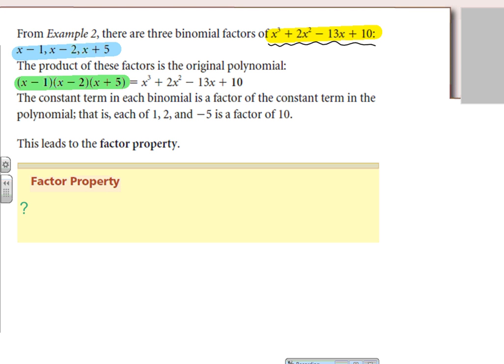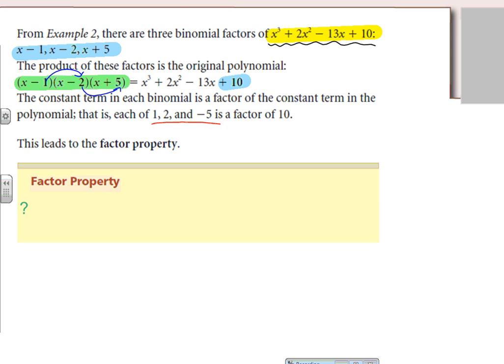Look carefully at this. This is where the key is now. That 10. The way that we get that 10 is that when we expand this, we're actually multiplying the negative 1 times the negative 2, and then that number gets multiplied by the 5. So that's what it's saying here.